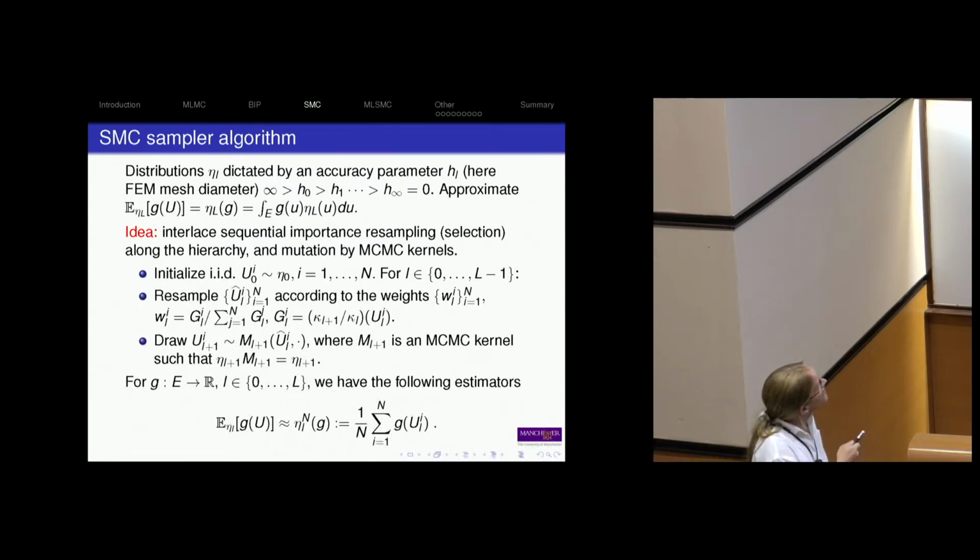All right, so we interlace sequential importance resampling along the hierarchy with mutation by MCMC kernels.